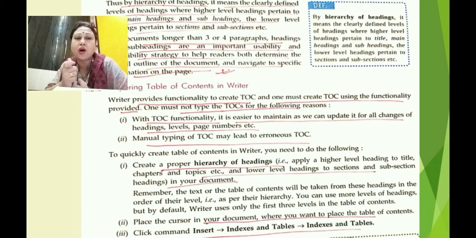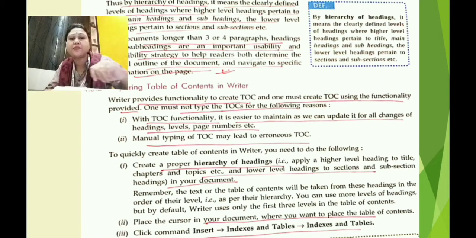So let us know how to quickly create a table of contents in Writer. First we have to create a proper hierarchy of headings, that is, apply the higher level heading to the titles of the chapters, then to the subtopics, and then the lower level headings to the different sections and subsection headings in the document.